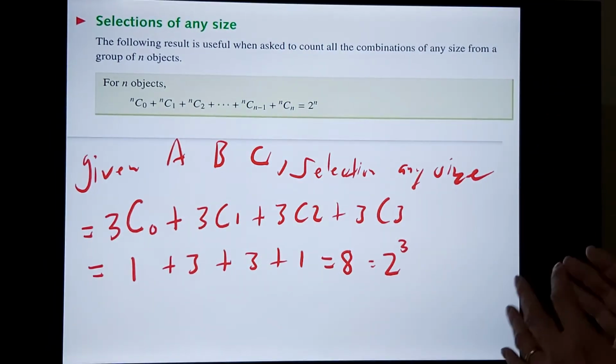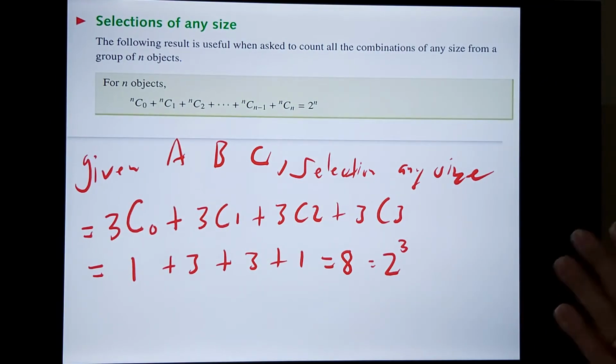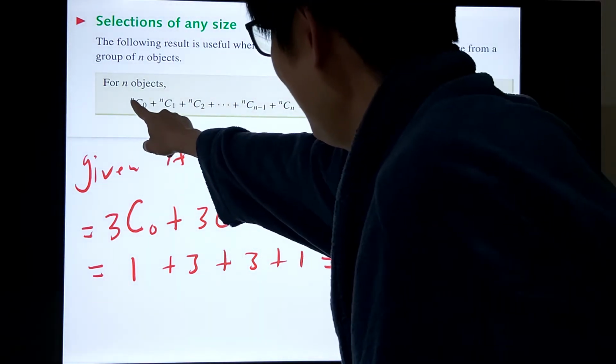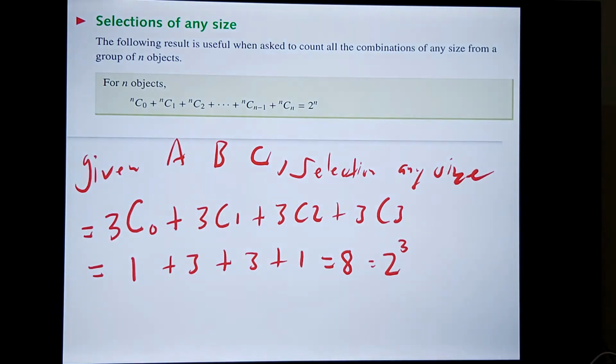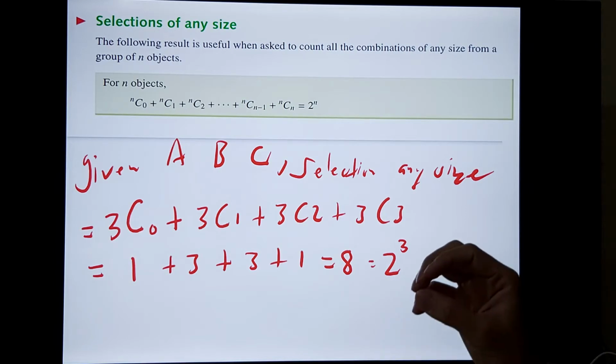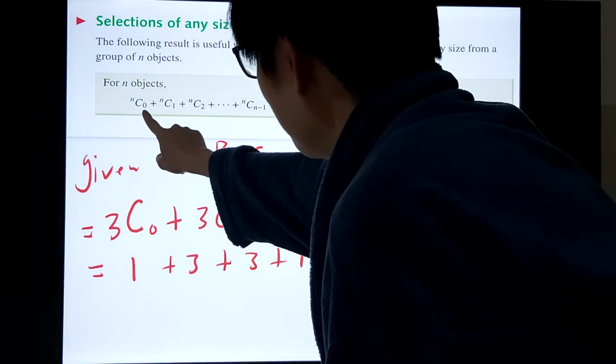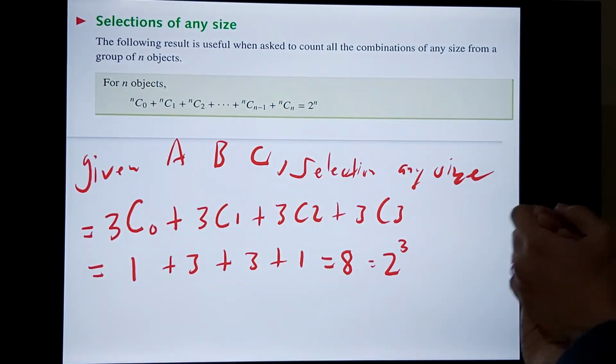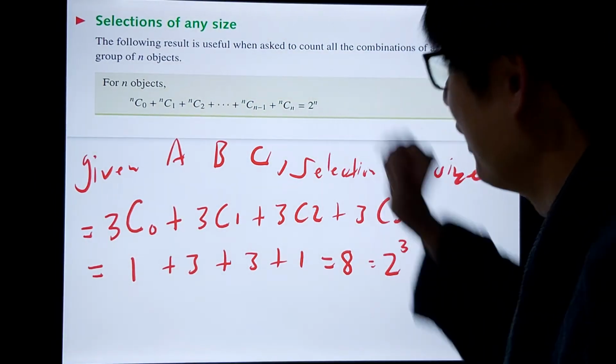So the conclusion is, if you are given a group of n elements, and you are allowed to select any size you want, including not selecting anything, then the sum of them will be 2 to the power of n.